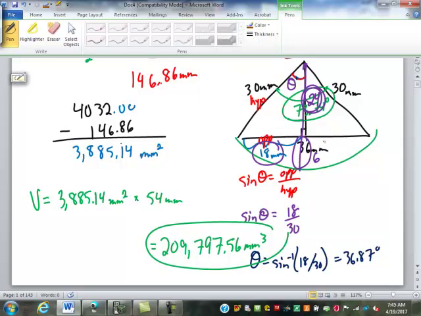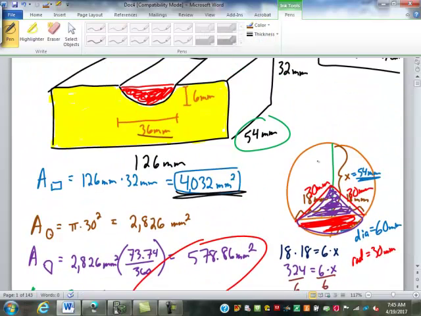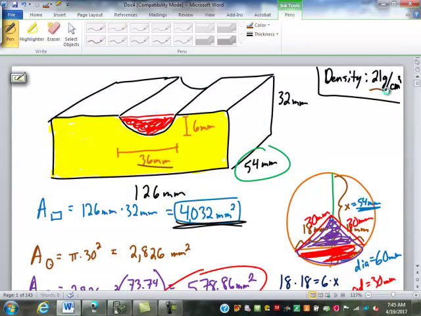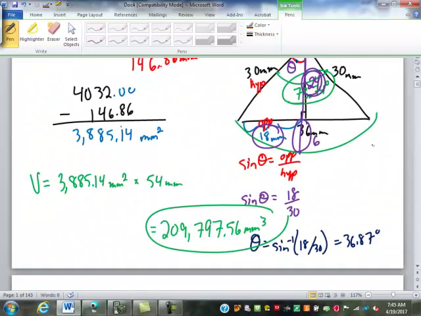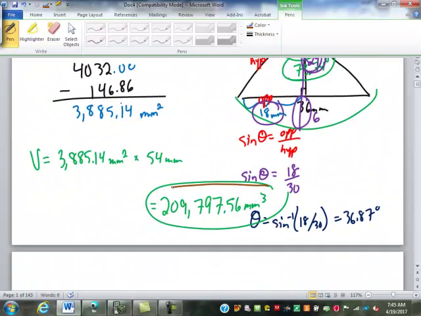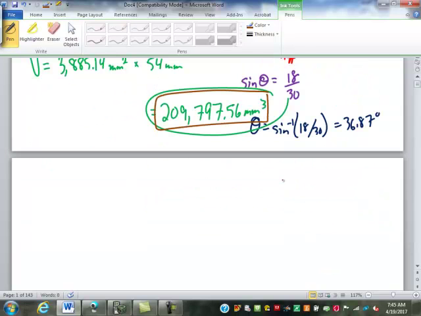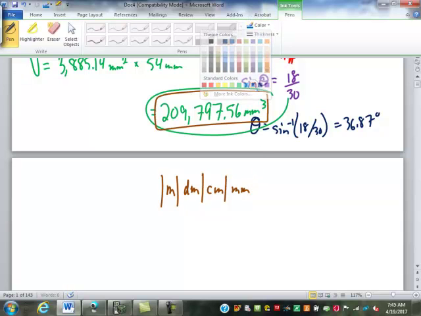You'll notice, however, our density is given as grams per centimeter cubed, not millimeter cubed. So how do I convert this to cubic centimeters? Remember our chart, we have meters, decimeters, centimeters, millimeters. So to get from millimeters to centimeters, it's one spot to the left.